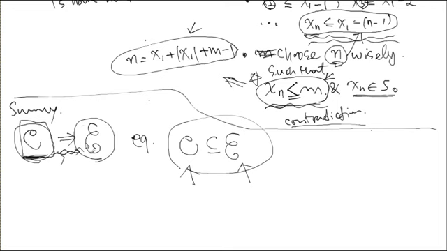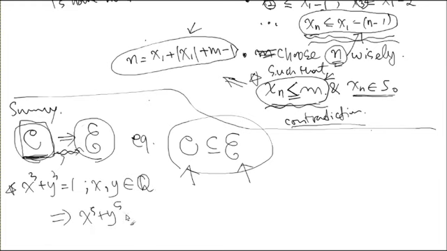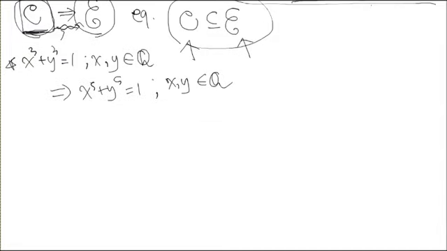All right? So let me give you this weird example. x cubed plus y cubed equals 1, where x and y are in Q. What are those? Rational numbers, right? Yeah. This implies x to the fifth plus y to the fifth equals 1. And they are both rational numbers. Okay?